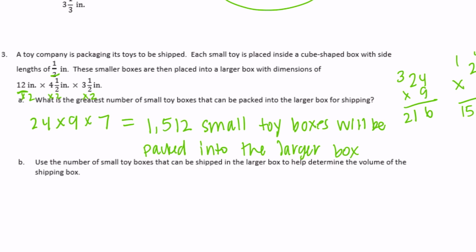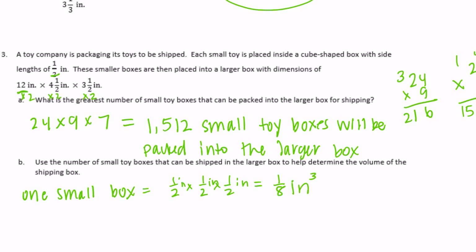B, use the number of small toy boxes that can be shipped in the larger box to help determine the volume of the shipping box. So one small box is equal to 1/2 times 1/2 times 1/2 inches. So that would be equal to 1/8 inches cubed.